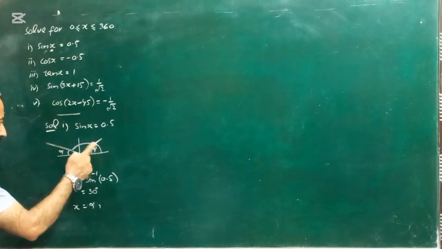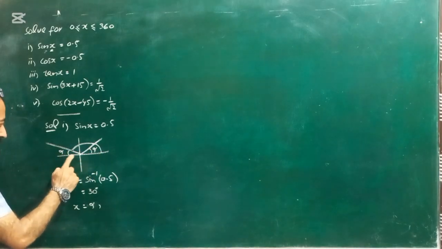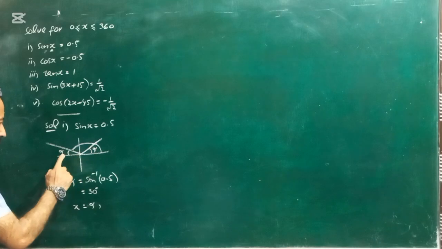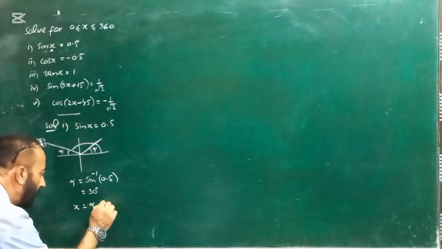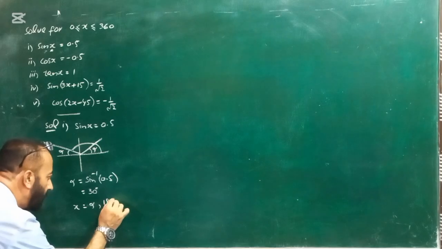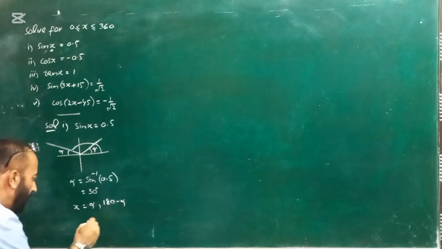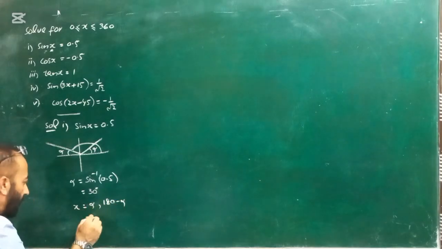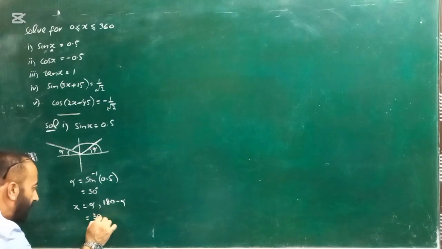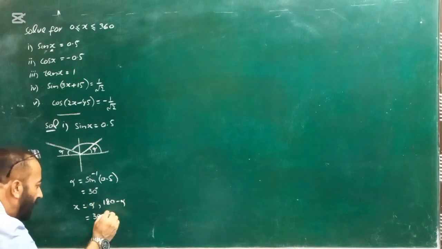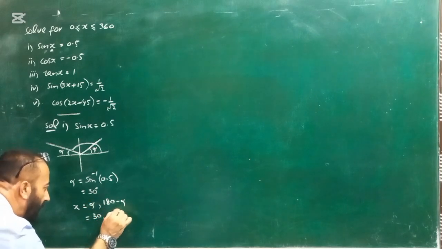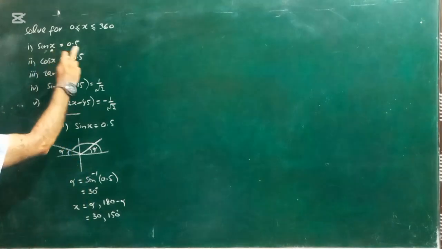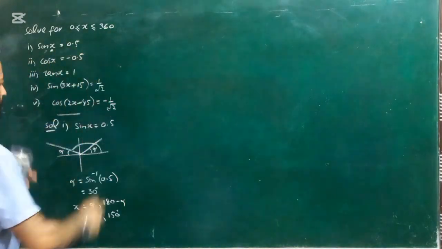You have subtracted alpha from 180 degrees. And now putting values into this, alpha is equal to 30 degree and 180 minus 30 degree will be equal to 150 degree. So these are the answers of this first part in this range.